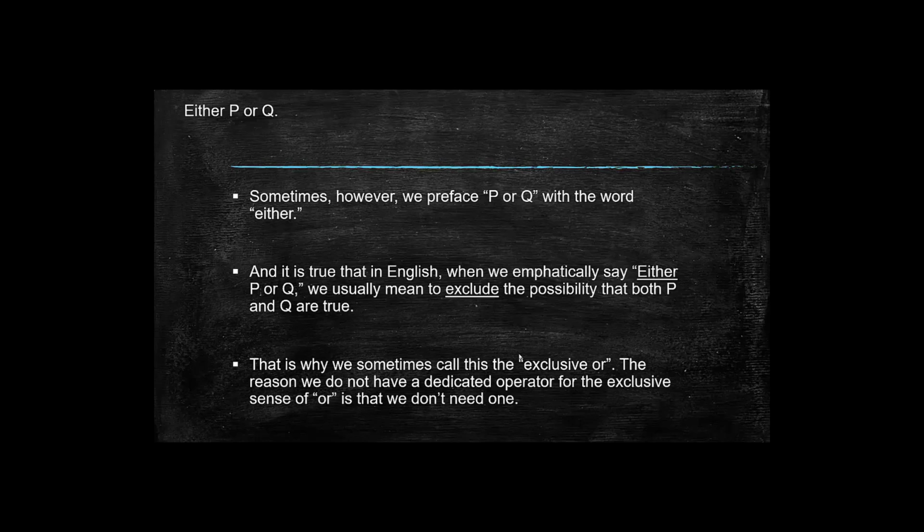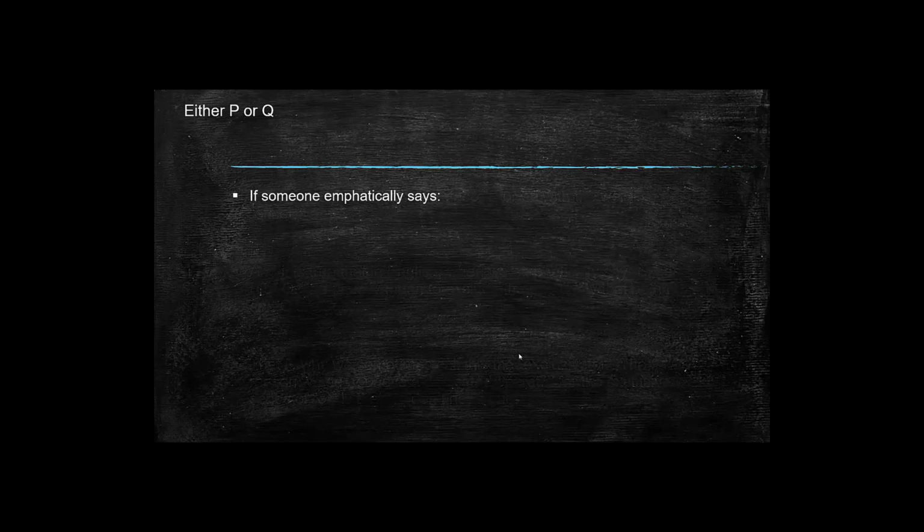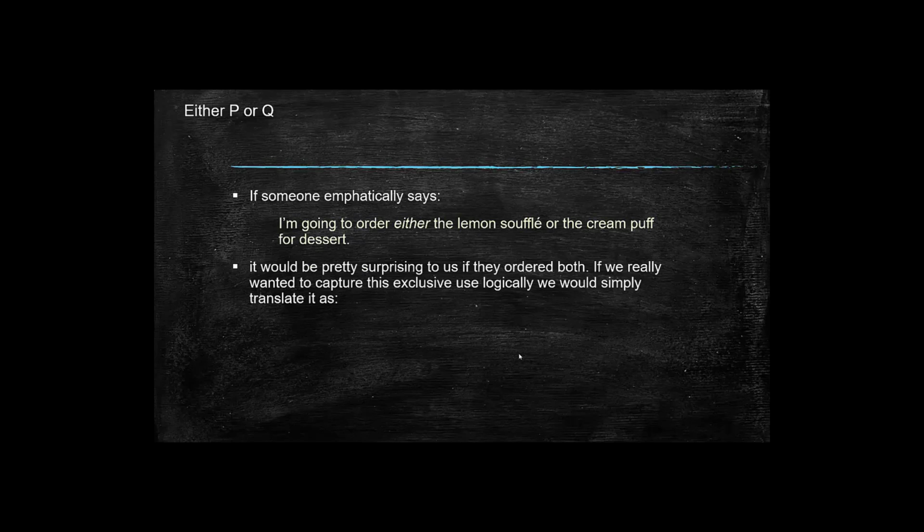The reason we do not have a dedicated operator for the exclusive sense of or is that we just don't need one. If someone emphatically says, I'm going to order either the lemon souffle or the cream puff for dessert, it would be pretty surprising to us if they ordered both. We might even say they lied.